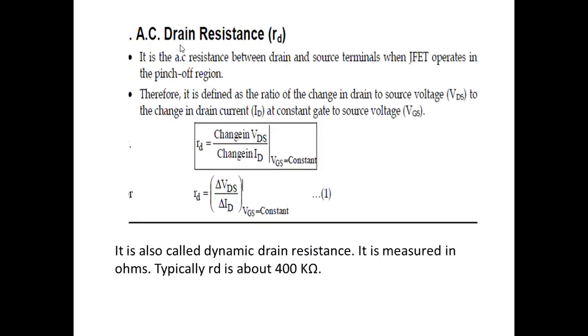The drain resistance RD is defined as the ratio of the change in drain to source voltage VDS to the change in drain current ID. So RD is equal to delta VDS by delta ID. It is called dynamic drain resistance, and it is on the order of 400 kilo ohms.